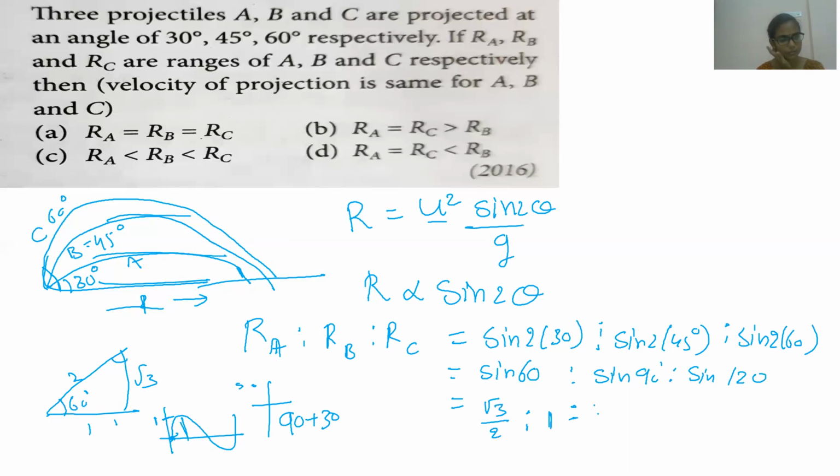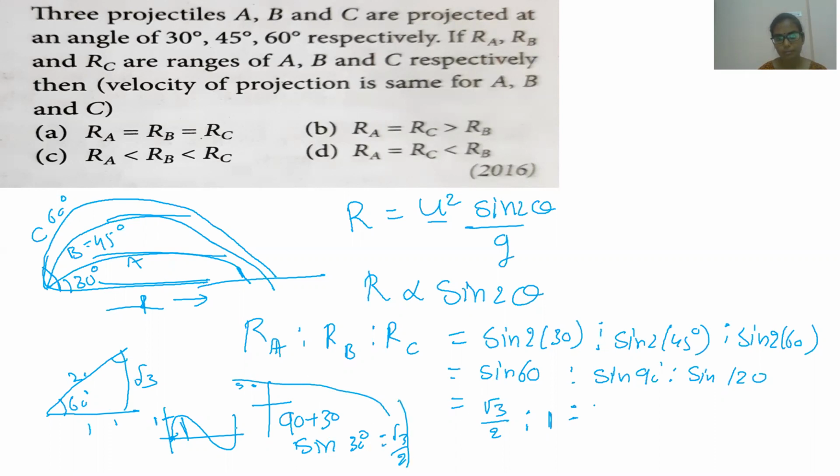So in the second quadrant, it will come as sine 30 degrees... sine 30 degrees means adjacent by hypotenuse. Adjacent is root 3, hypotenuse is 2.